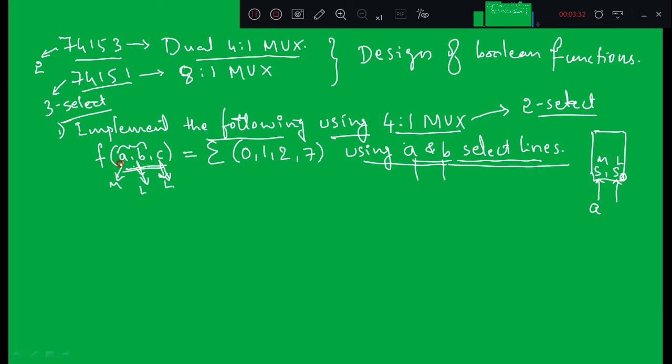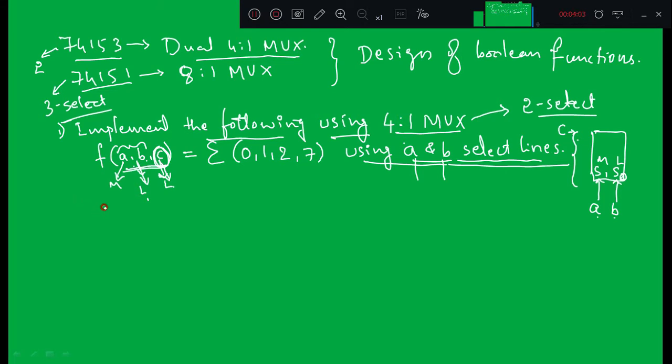When I take all three, C becomes LSB, but when I take only A and B, B becomes LSB. So what do I connect to S0? B. Since A and B are connected to the select lines, C has to be connected to the data line. So C will appear here. How to design that, we will see now.